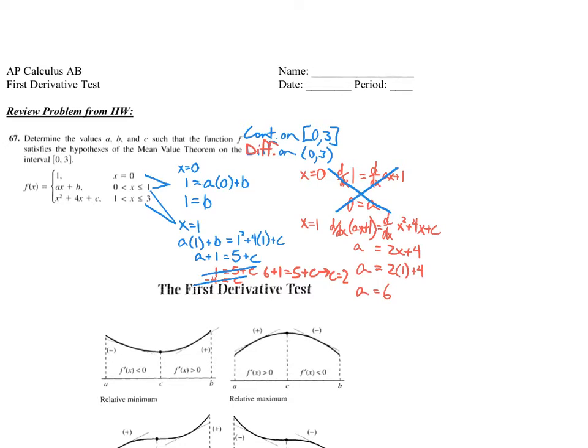So now I know that my function f of x equals 1 when x equals 0. It equals 6x plus b, which was 1, when x is between 0 and 1, including 1. And then it's x squared plus 4x plus 2, c being 2, when x is between 1 and 3 inclusive.